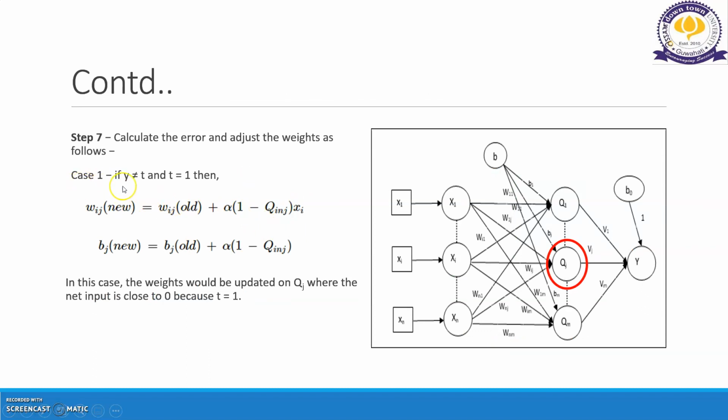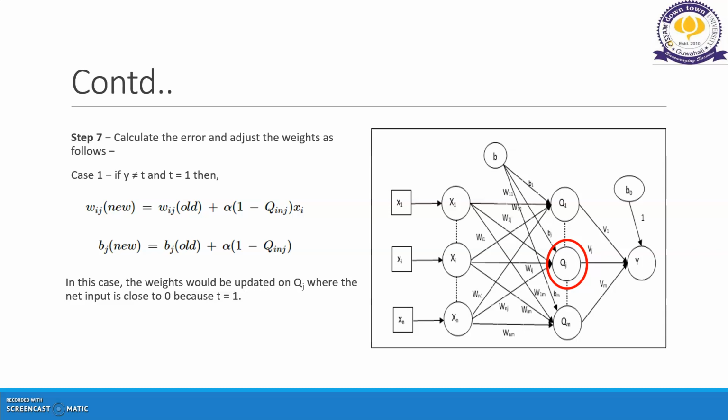In case 1, suppose our calculated output and the target output are not the same and the target value is 1. So if your target value is 1, that means your calculated value is -1.